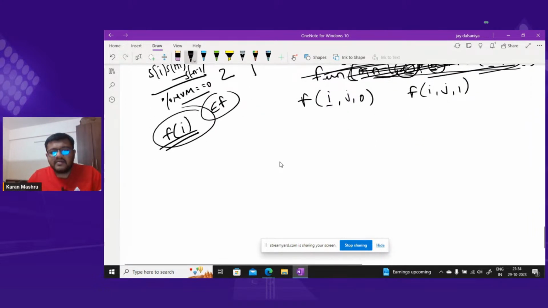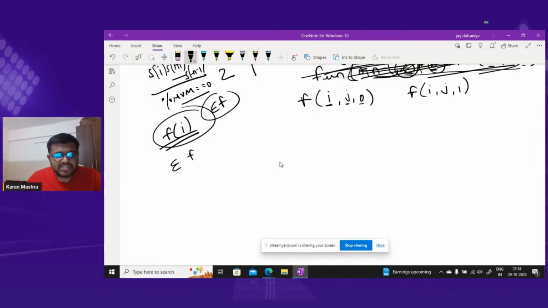What does this recursive function say? It says that consider all the suffixes starting with index I. We want the summation f value to be j, and the suffix starting with index I has XOR 0. What does that mean?